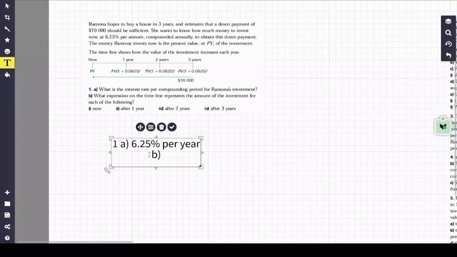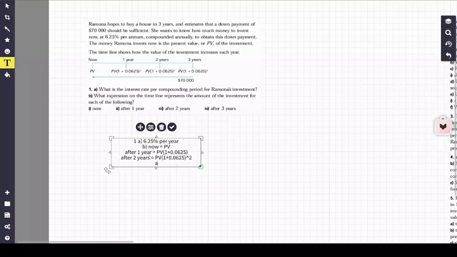B. What expression on the timeline represents the amount of the investment for each of the following? So right now is obviously at the start, so it's PV. After 1 year, it's going to be PV times 1 plus 0.0625.